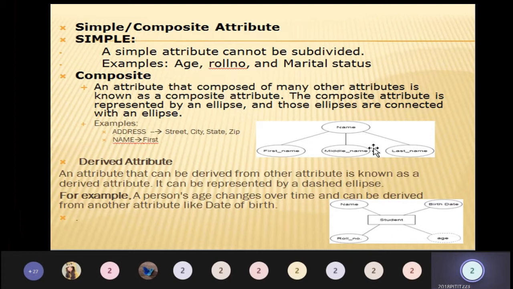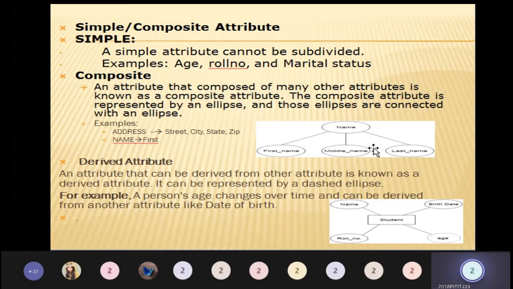For example, if you are taking a roll number, that also cannot be subdivided. Okay. Now suppose we are taking a composite attribute, which means that an attribute composed of many other attributes is known as a composite attribute. The composite attribute is represented by an ellipse, and those ellipses are connected with an ellipse.